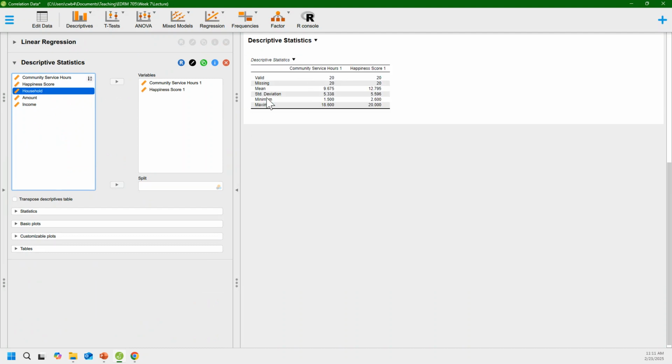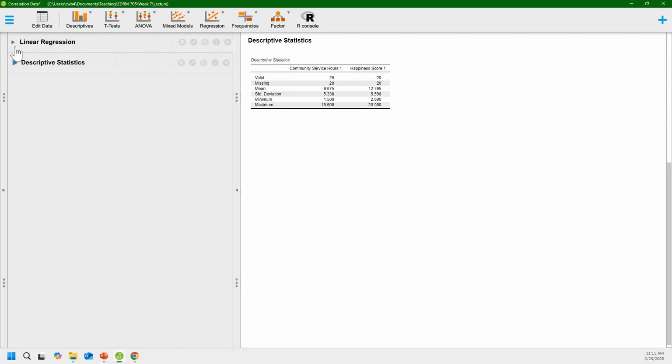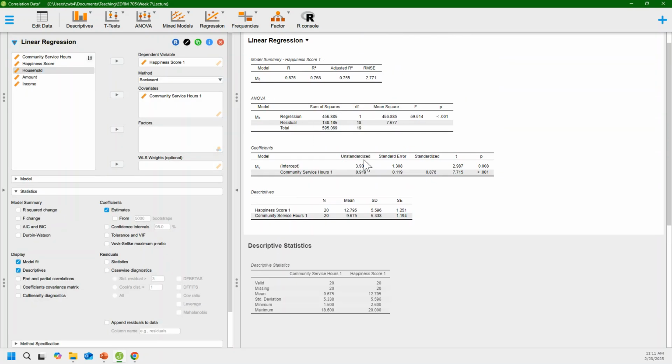The reason why I'm doing that is because I want to see what the min and the max are for my community service hours example here. My minimum community service hours is 1.5 and my maximum is 18.6. And I use this data set here to give me my regression results, right? These are my regression results.